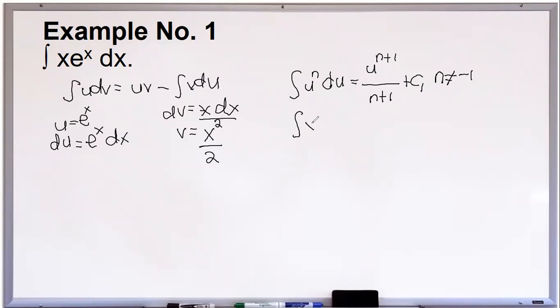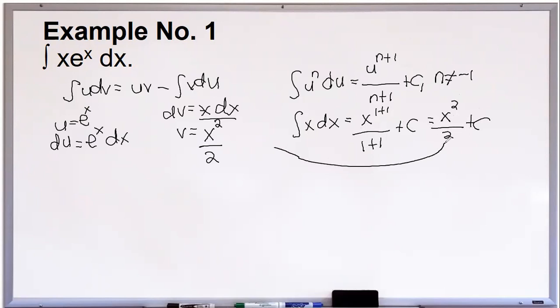So integral natin x dx, which is equal to x raised to 1 plus 1 over 1 plus 1 plus c. So equal siya x squared over 2 plus c.